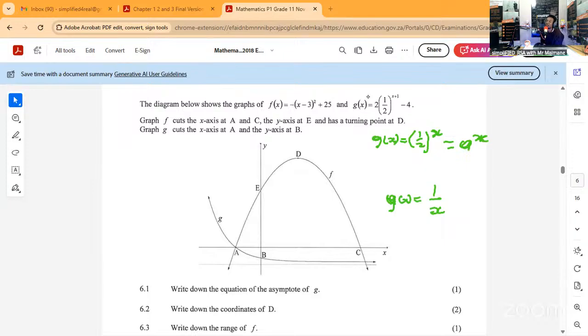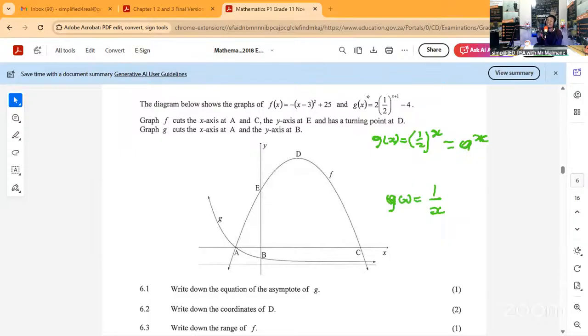If it's in vertex form, we are able to take out the turning point from the way it's given. And g of x, we can see it passes through point B and through point A. It touches both the y-intercept and the x-intercept, because you can see where it's been transformed.